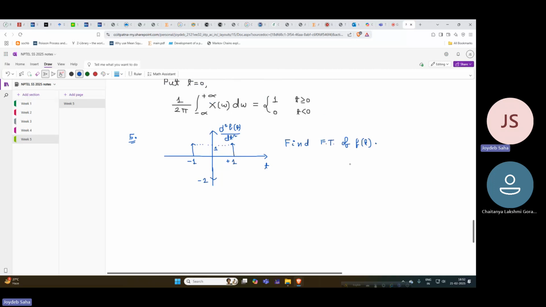Can you please try to solve this? Just try. Take 2-3 minutes and tell me the approach by which you can solve this. Even if you cannot solve it, just tell me the approach. Take your time and tell me.